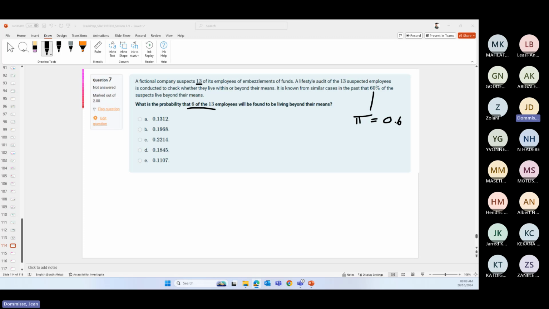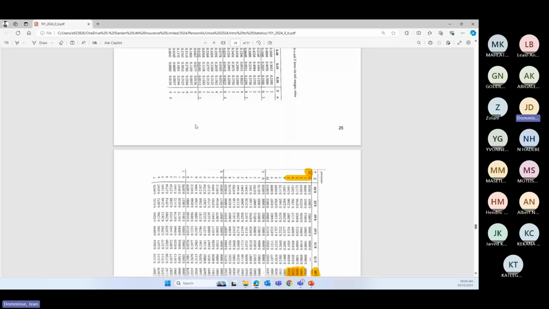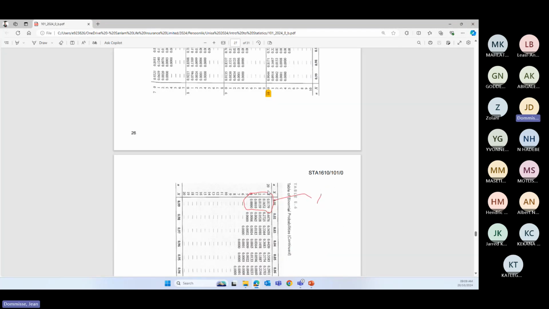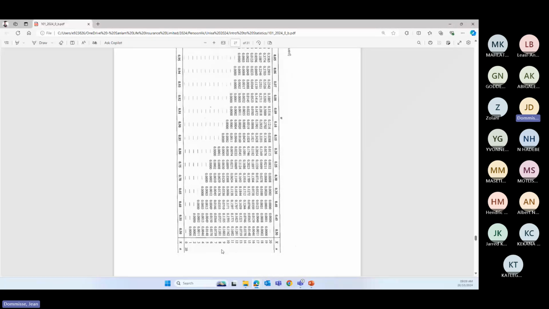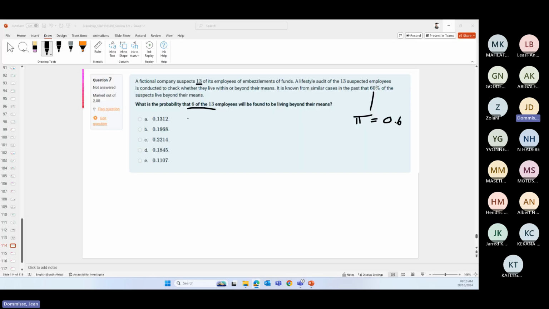So in the exam, if that is not on a table for you to work out, they will not ask it. So let me just put this in here for you. It goes up until 10 and then 20. So they will not, even though we can get to 0.6 in all of them, something like this, where it is n equal to 13, they will not ask you because you don't have access to something like that.